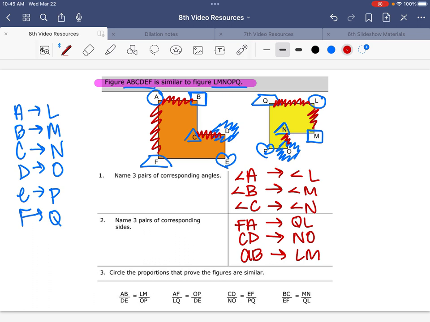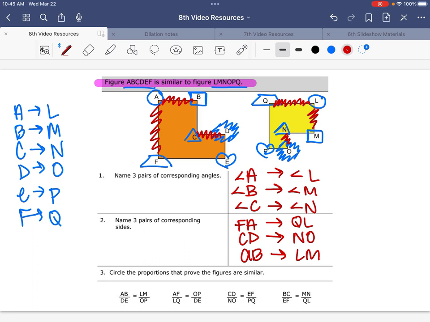And we want to show which one of these prove that these are similar. So remember, similar figures are the same shape, different size, and their side lengths are proportional, meaning their corresponding sides have to be equivalent ratios. So the first one we're going to look at is AB over DE.